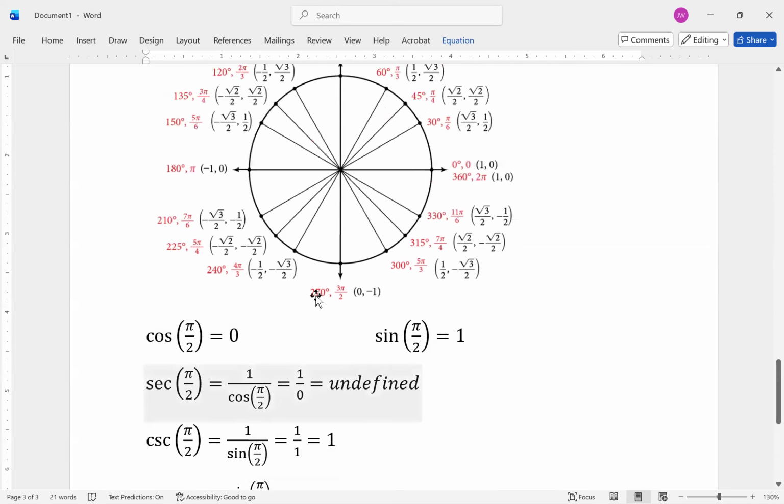You can imagine what happens at pi or at 0 or any angle coterminal with those. Your sine would be 0, but your cosecant would be undefined and your cotangent would be undefined. So if we were at pi or 2 pi or something coterminal with those.